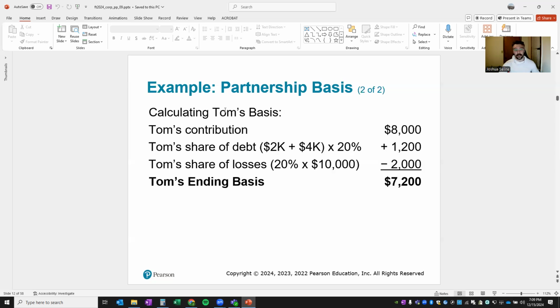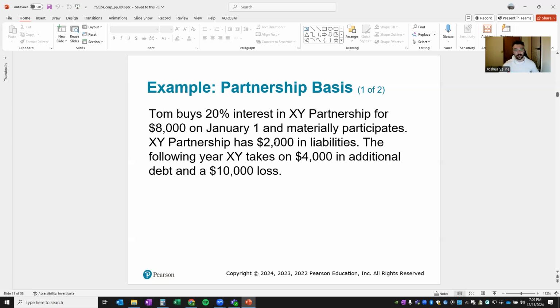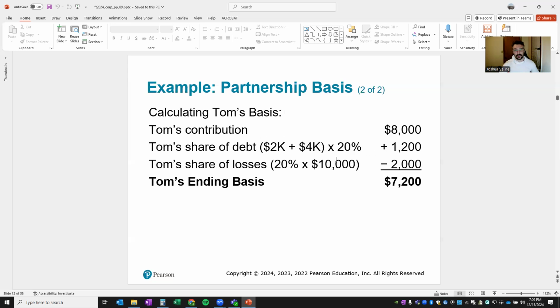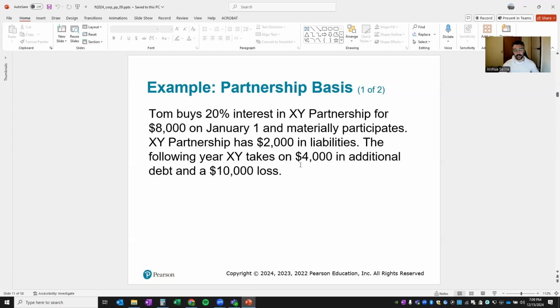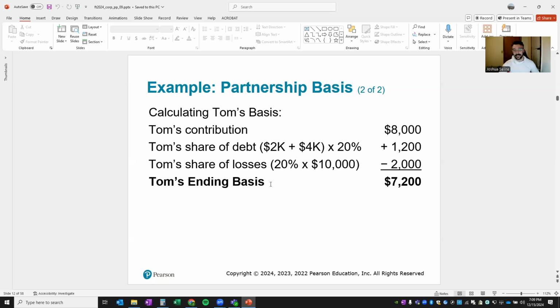So calculating Tom's basis, we look at his initial contribution of 8,000 plus his share of the debt, which is the 2,000 here and 4,000 here. Multiply that by 20%, that gets us 1,200. And then his share of losses, which is 20% of 10,000, so we have to back that out. So his ending basis is 7,200.